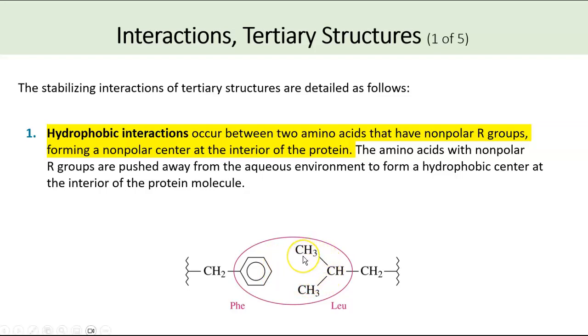When there are such amino acids present in a tertiary structure, that can make a nonpolar center at the interior of the protein. Always these nonpolar groups will be pushed inside the protein, because proteins exist in our systems where most of the parts are aqueous medium.